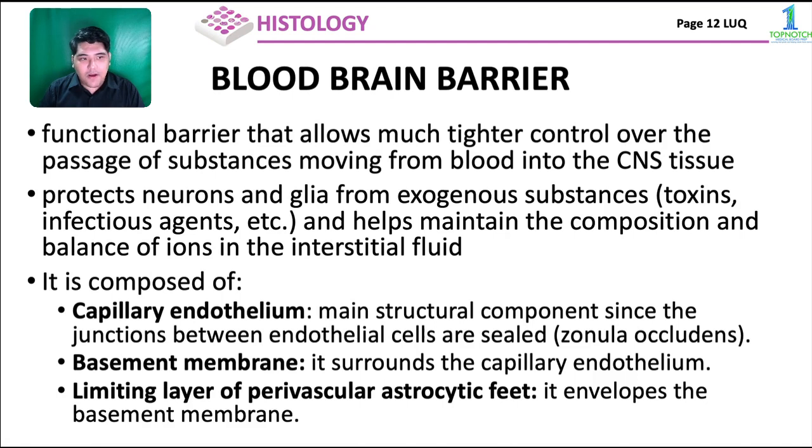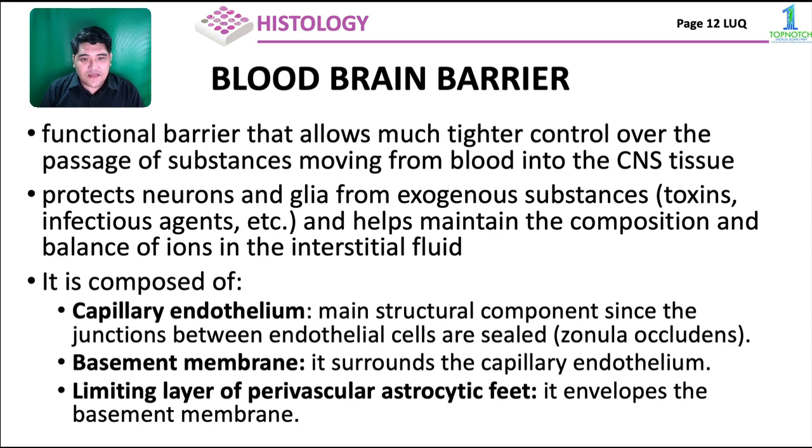Now, your blood-brain barrier is a functional barrier that allows control of the movement of ions and substances from the blood into the central nervous system. It is important for the protection of our neurons from exogenous substances like toxins and infectious agents.